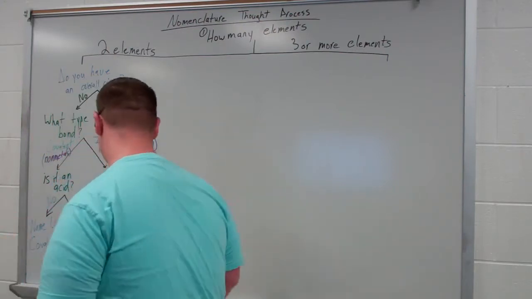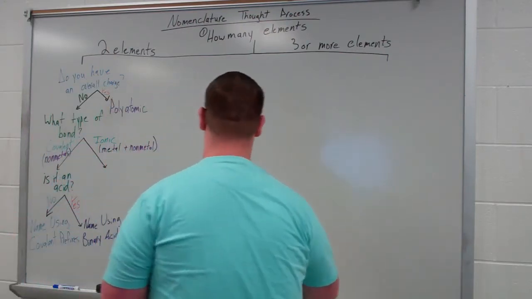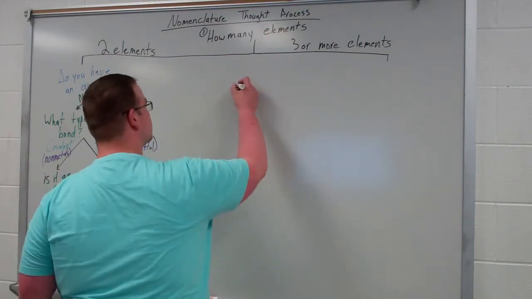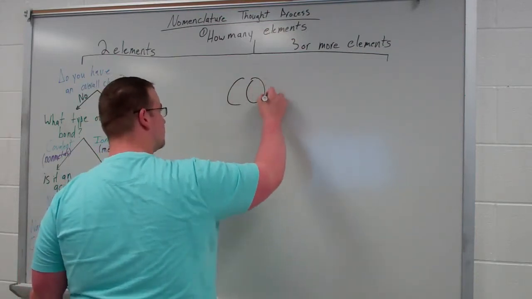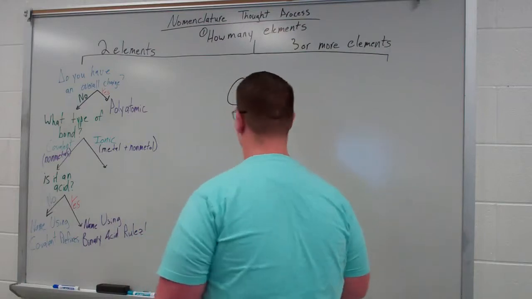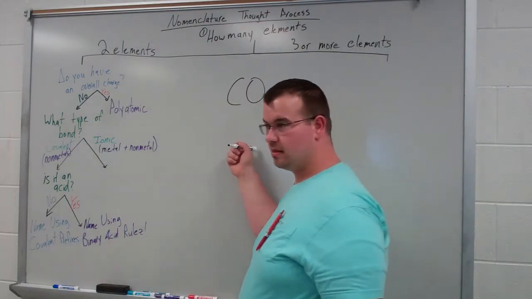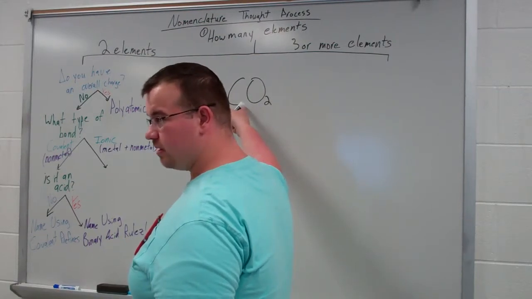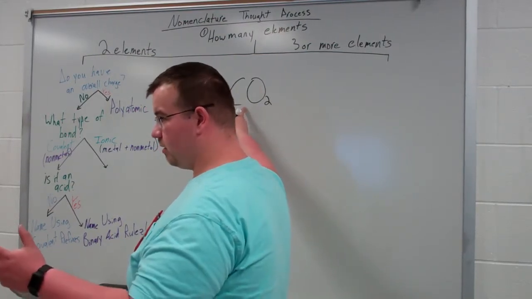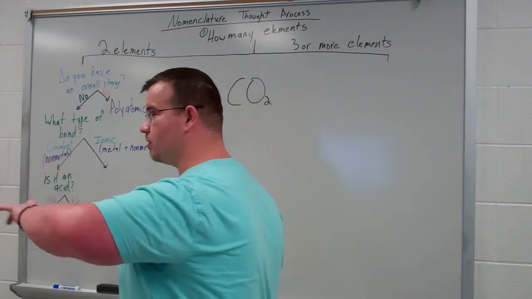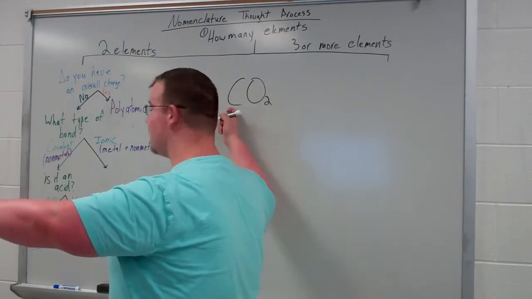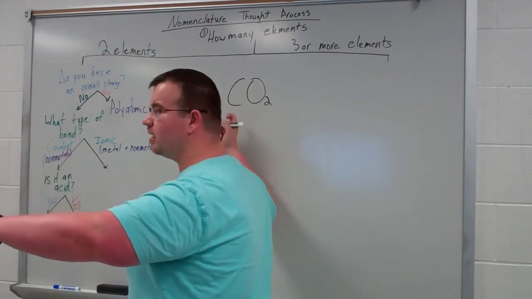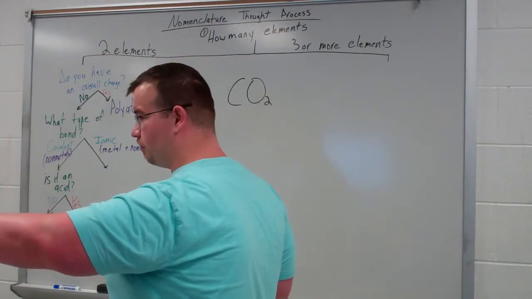How do we name this? How many carbons are there? There's one, but you don't name it with a prefix because it's one. Since it's the first element in this covalent bond, we don't name it with the prefix.